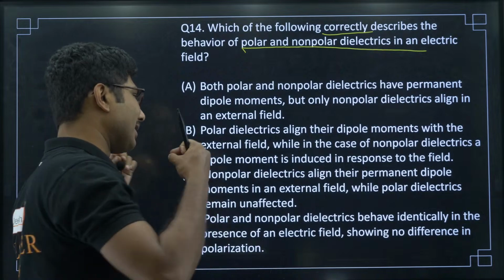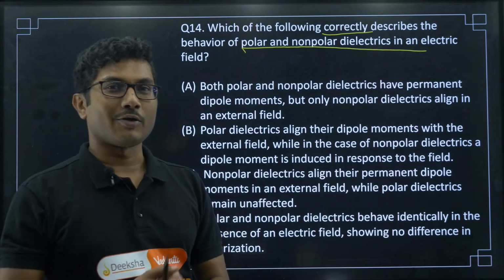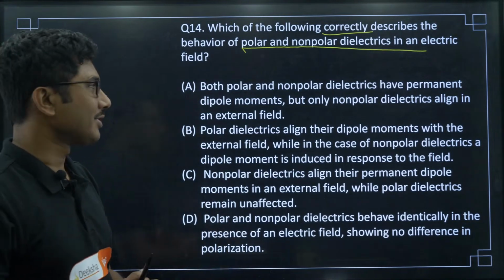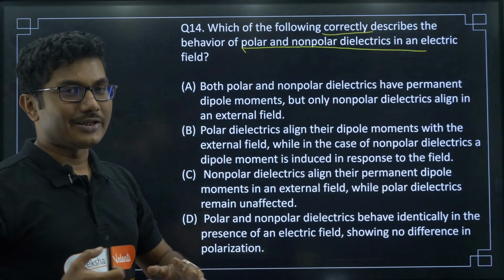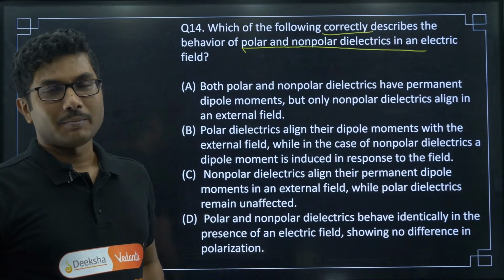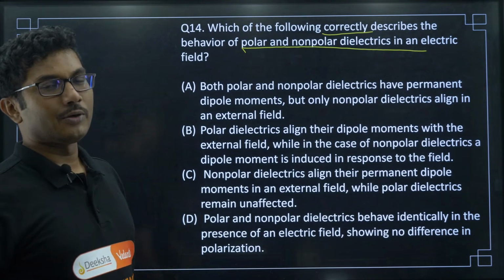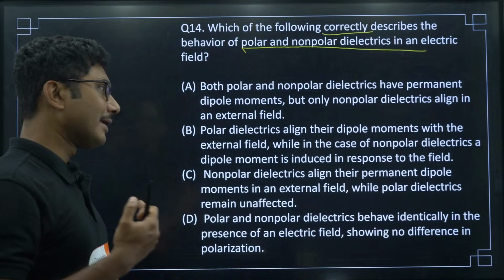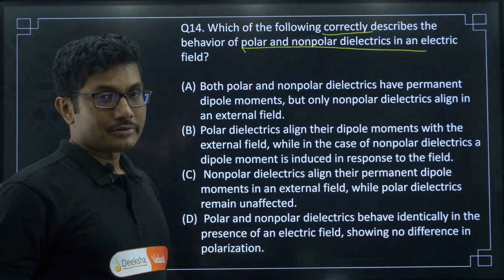If you have studied a little bit about polar and non-polar molecules, you can answer this question. The question language is a little tricky in terms of the explanation they have given, but actually if you know about polar molecules and non-polar molecules, then you can answer it.